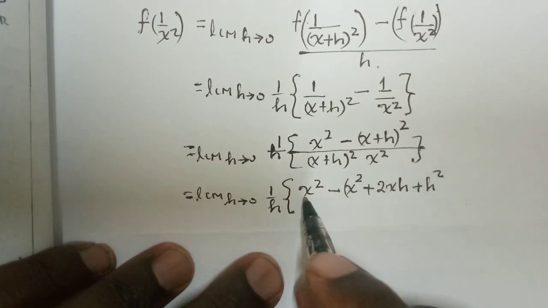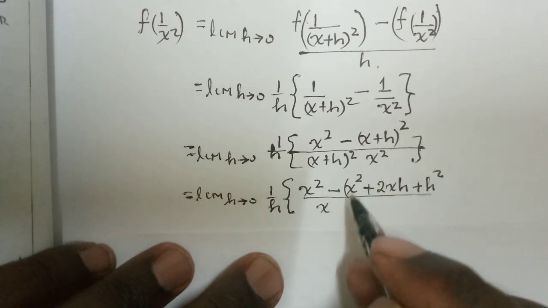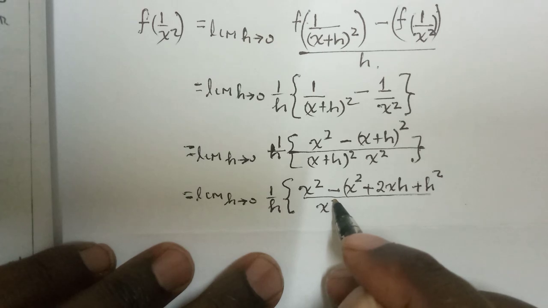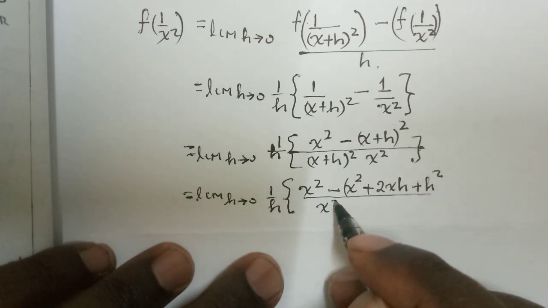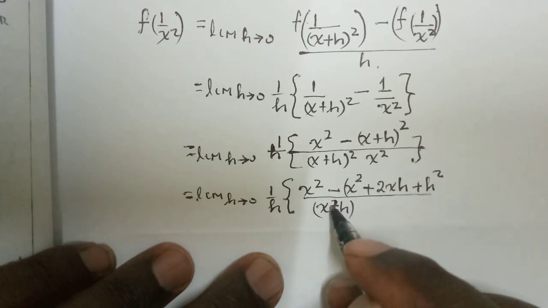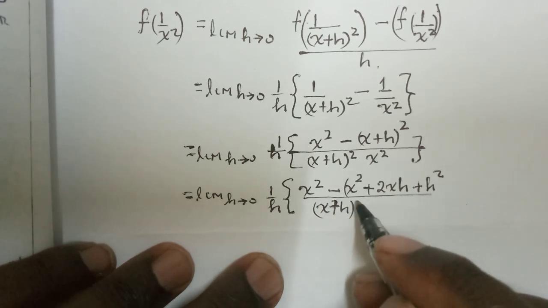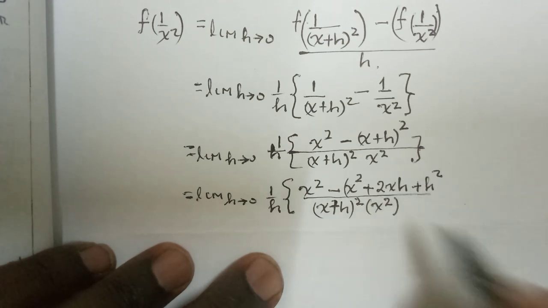This one will be over x squared, again x squared. Here we have x squared again.